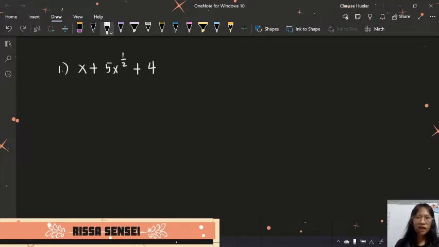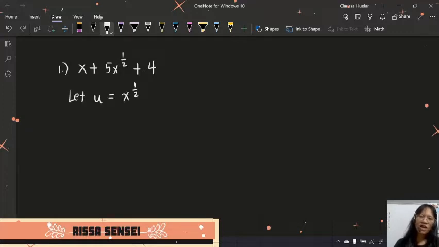Since merong kakaibang term, meron kakaiba dito itong x raised to 1 half, all you have to do is to let another variable be equal to that. U na lang. Let u be equal to x raised to 1 half.